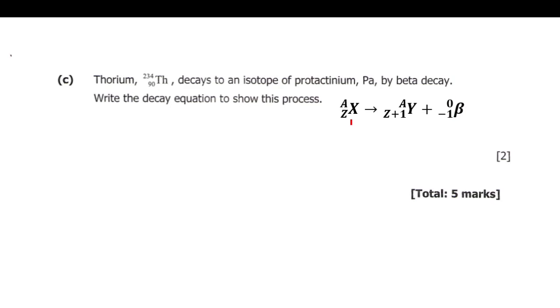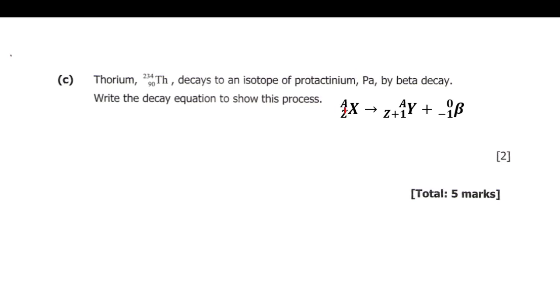So what does this mean? It means that if element X decays to another element Y, its mass number should remain the same. Whatever mass number this one has is the mass number this one has. So here, since thorium decays to an isotope of protactinium Pa by beta decay, the mass number here should be the same here.